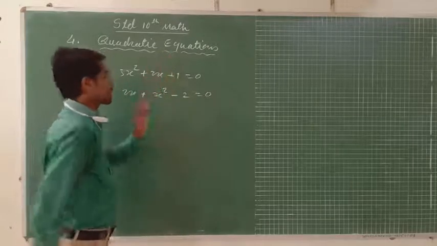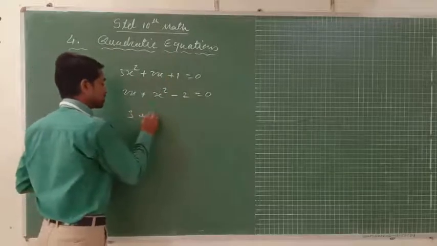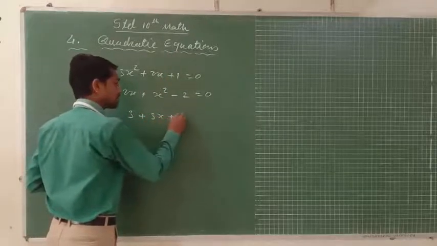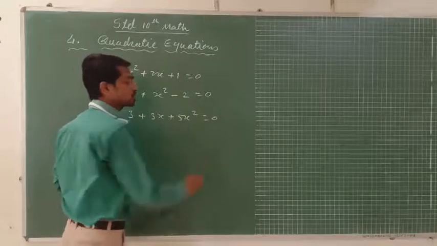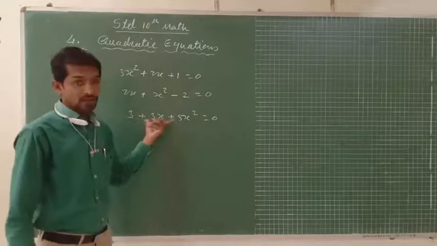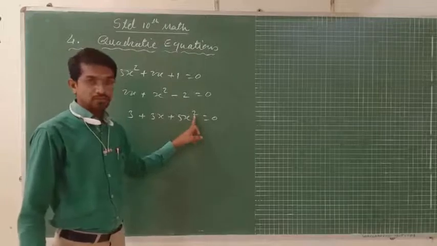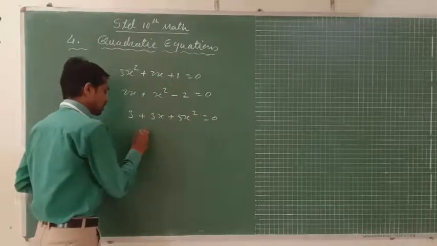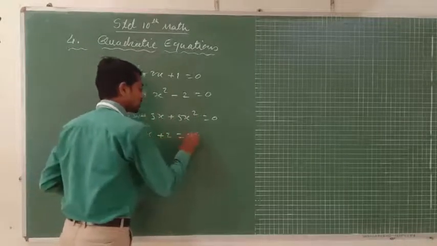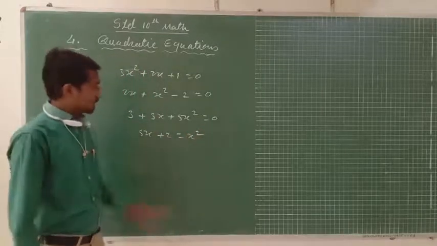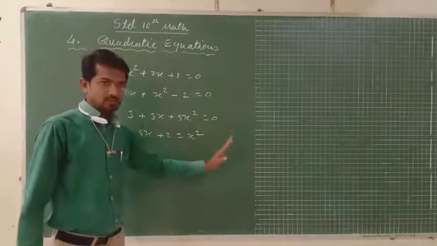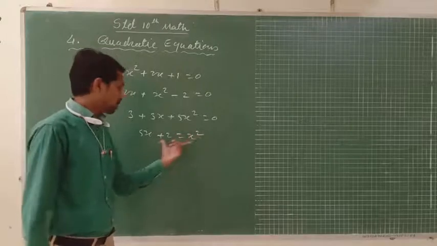So it is also a quadratic equation. If I write 3 plus 3x plus 5x square is equal to 0, this is also a quadratic equation because the degree of this equation is 2. Sometimes we can write 5x plus 2 is equal to x square. See, there are both sides of the equation.